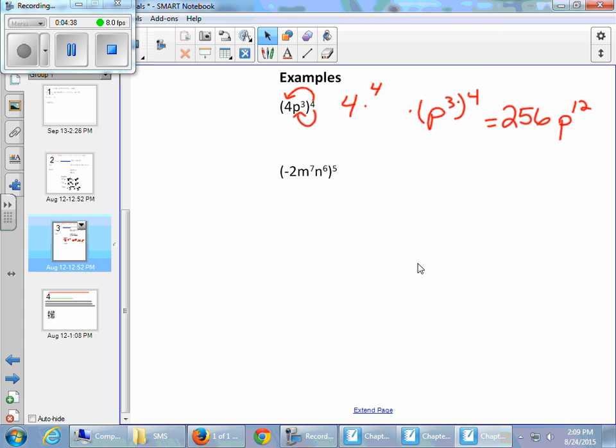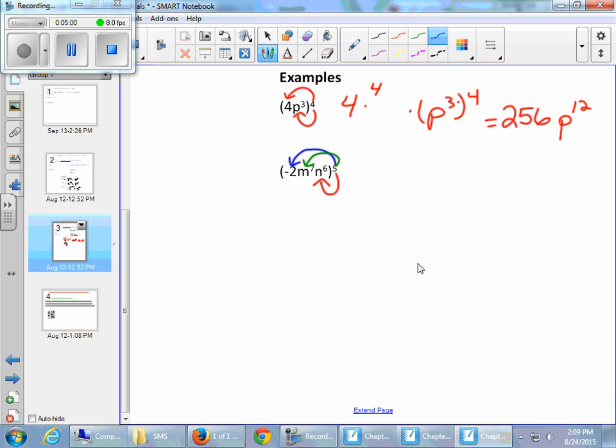And our last example here, we have negative 2m to the 7th, n to the 6th, all to the fifth power. Remember, this 5 is going to get attached to the negative 2. We'll do it in different colors. This 5 is going to m to the 7th, and it's also going to n to the 6th.